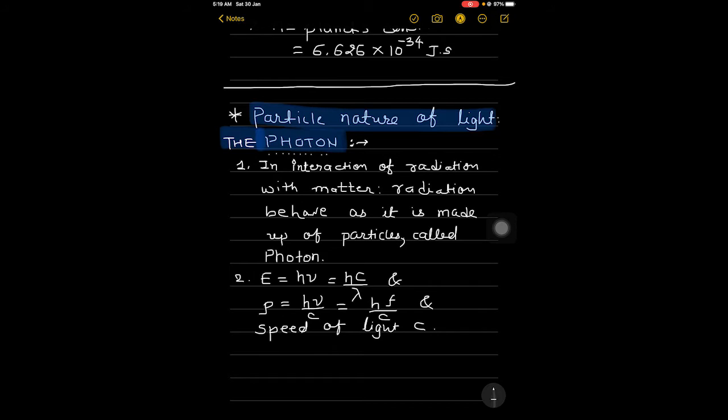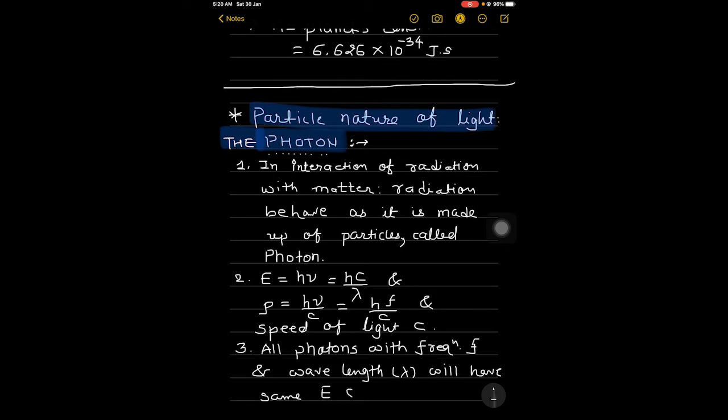Now we can say further, all photons of light of a particular frequency f or wavelength lambda have the same energy and momentum, whatever the intensity of radiation may be.